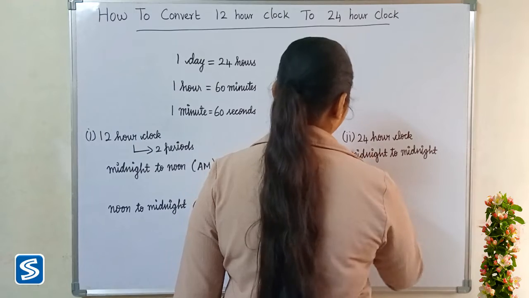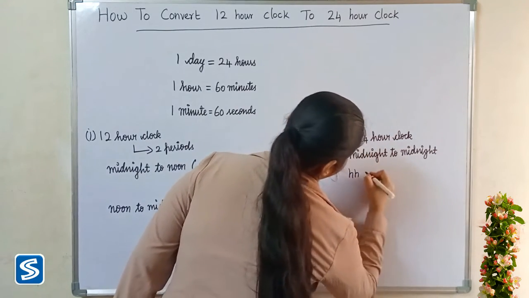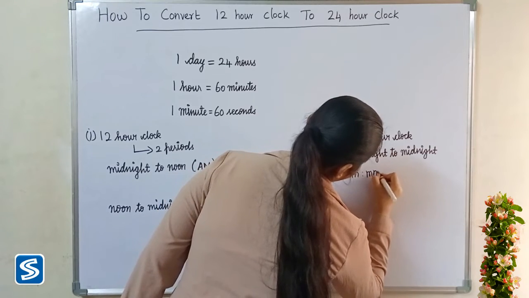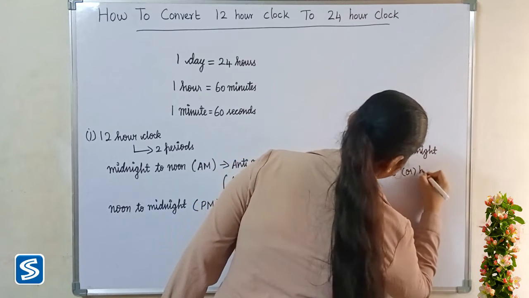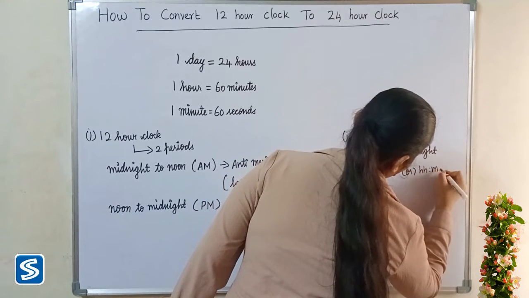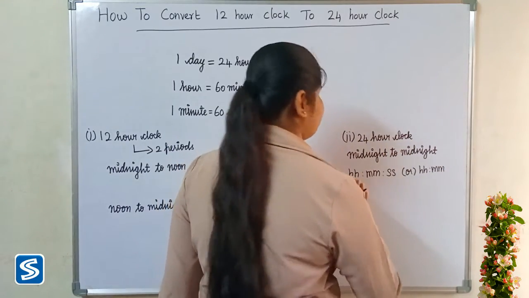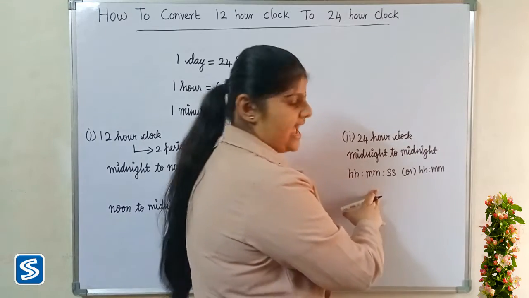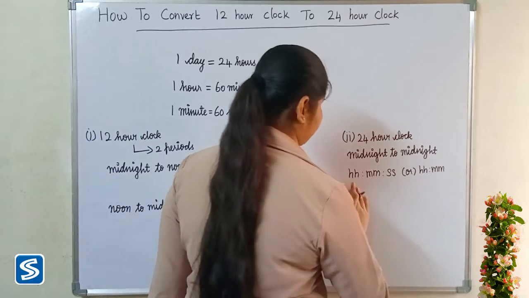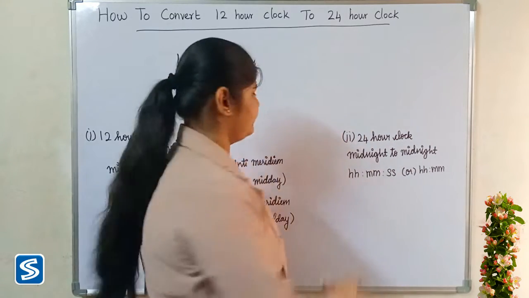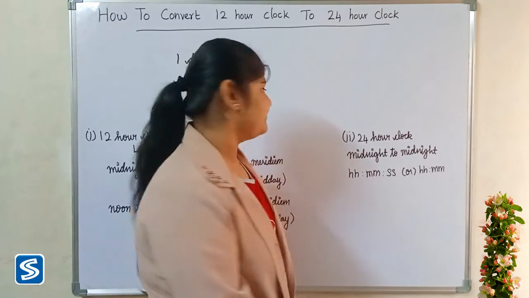The general format to write 24-hour clock system is HH colon MM colon SS or HH colon MM. Here H is hours, M is minutes and S is seconds. Sometimes colons are omitted between hours and minutes. 24-hour clock system is also known as military time.